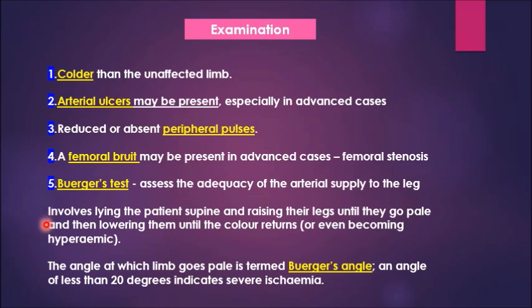Then lower it until the color returns or becomes hyperemic. The angle at which the limb goes pale is termed Buerger's angle. An angle of less than 20 degrees indicates severe ischemia. So this test can be done to confirm the presence of ischemia and also to assess its severity.